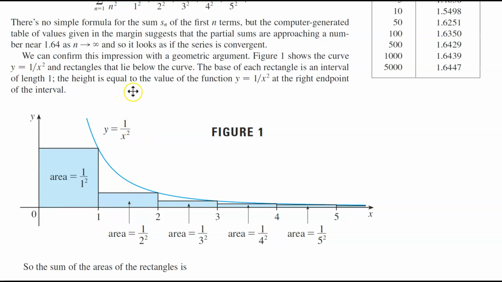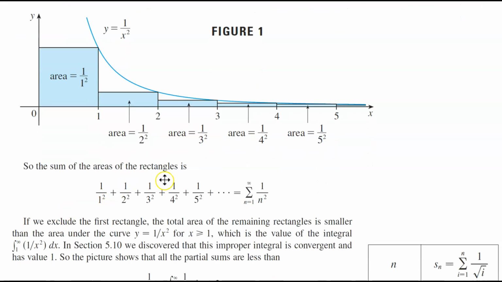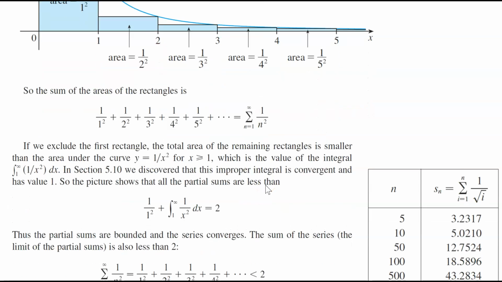The height is equal to the value of the function y equals 1 over x squared at the right endpoint of the interval. So the area here is 1 over 1 squared, the area here is 1 over 2 squared, the area here is 1 over 3 squared, and so forth. So the sum of the areas of the rectangles is the following. If we add them all up, we get the summation of 1 over n squared.